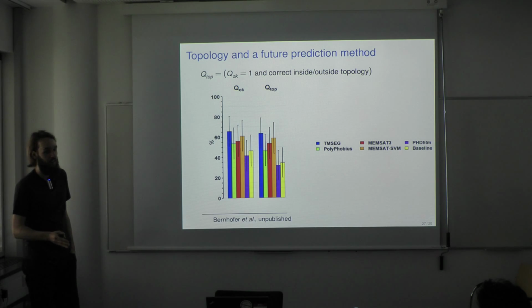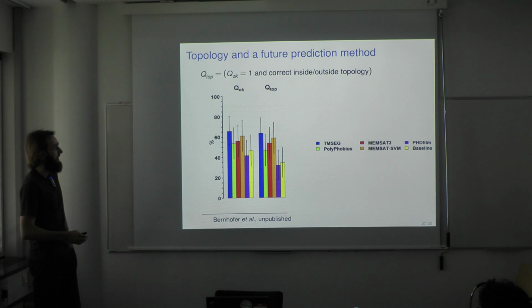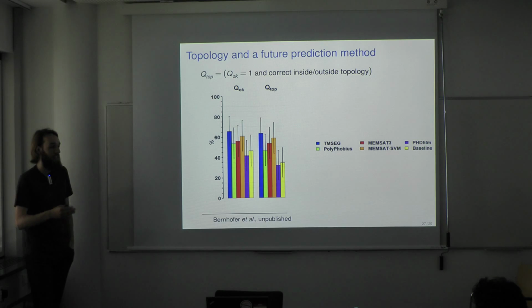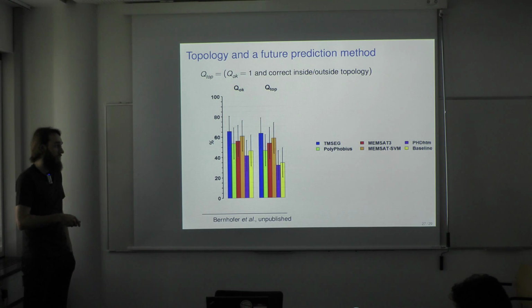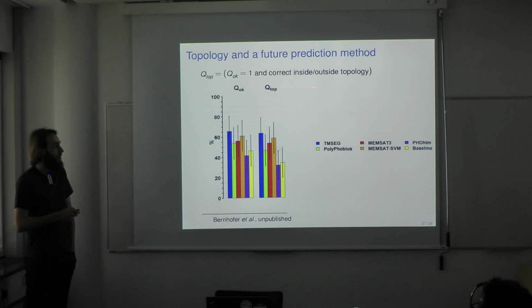This is something I didn't touch upon at all, but say you have the helices at the correct location, then the next step that you typically take is to predict whether the non-helix residues, the loops, are on the outside or the inside of the membrane. This is what's typically referred to as topology. And the Qtop is just this.